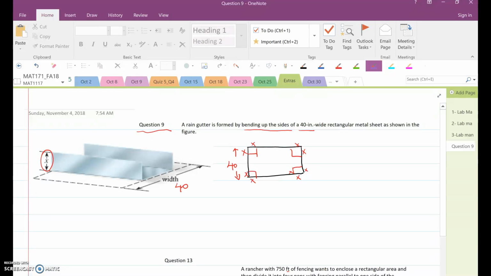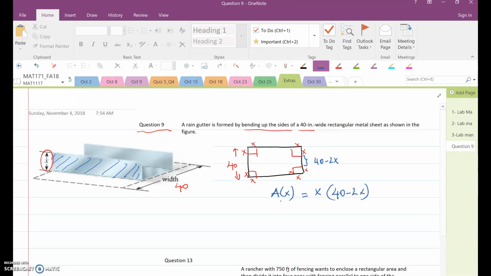So then this portion will become 40 minus 2x. Okay. And the area, which they've been asking, this portion will be 40 minus 2x times x, and this will be the area of the gutter.